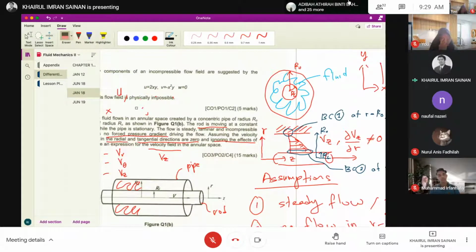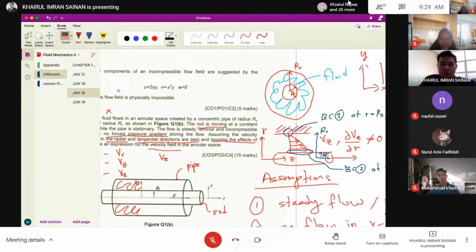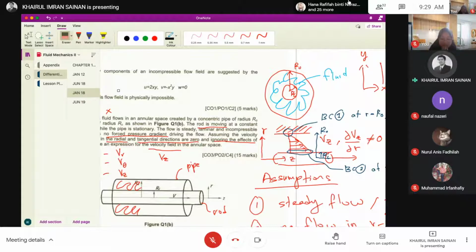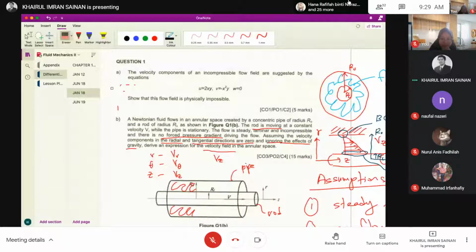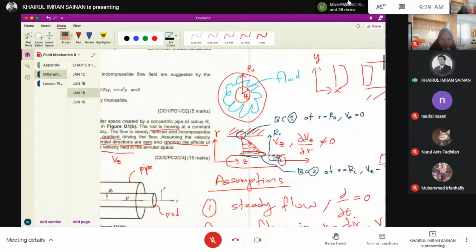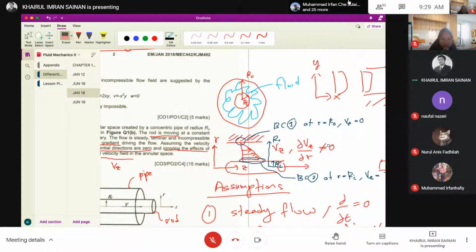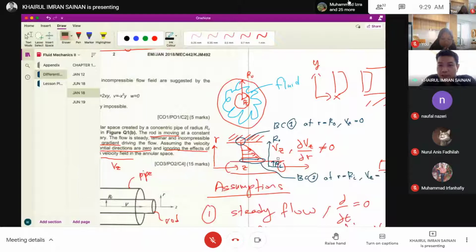You can see here that the profile is not drawn for you, so you need to determine it. Make sure you get it right. So del vz over del r is not equal to 0. Okay, done. Those are the three things that we need to find first: the profile, the component velocity involved, vz, and what are the changes, towards what direction?